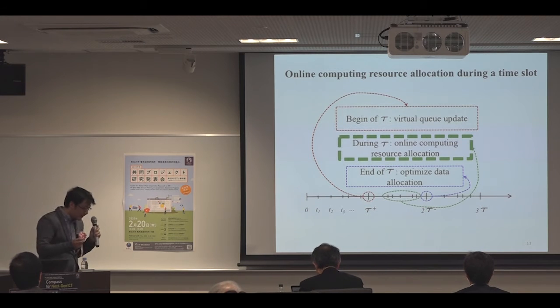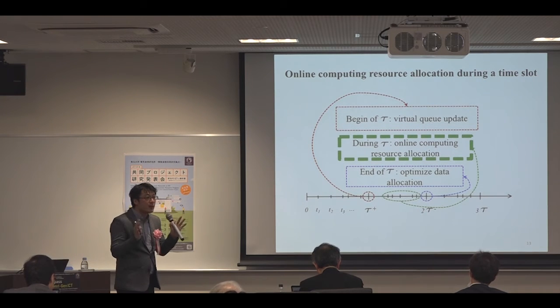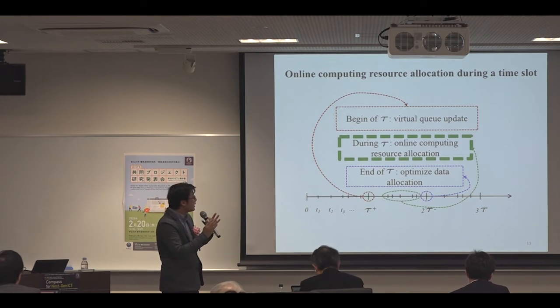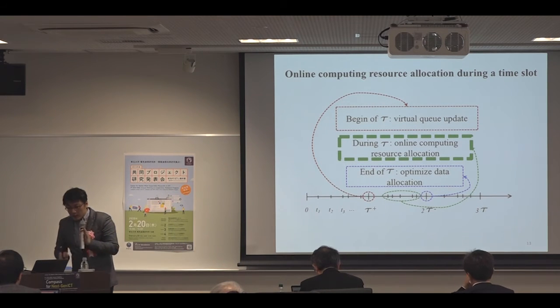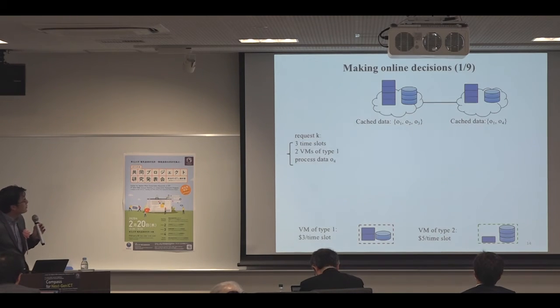The time slot is a relatively long time, and during this time, requests will arrive at arbitrary times. So we have to prepare an online computing resource allocation algorithm to deal with this problem.